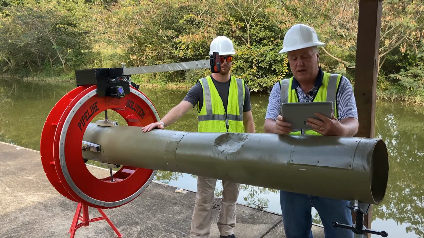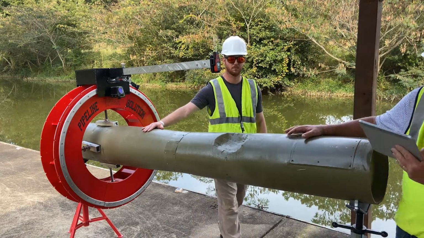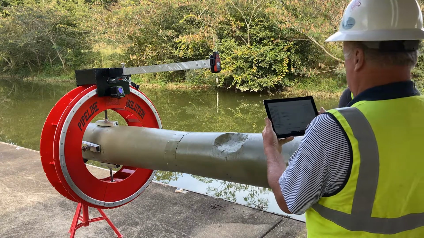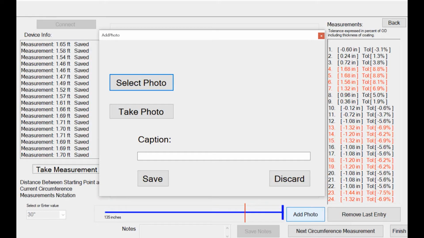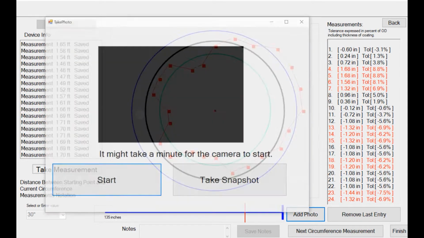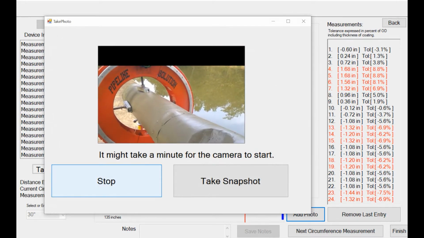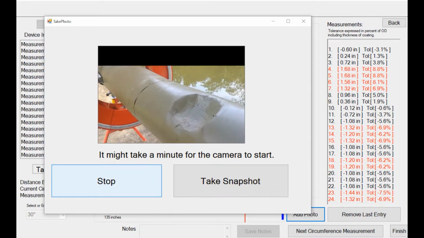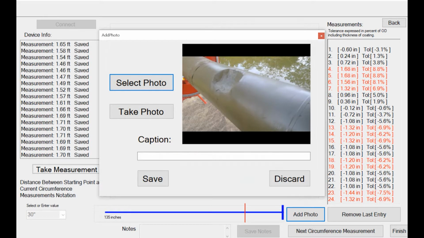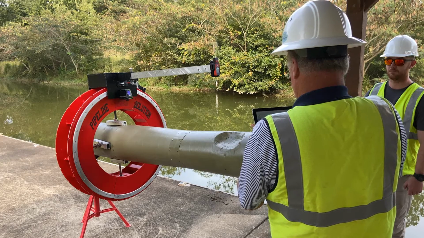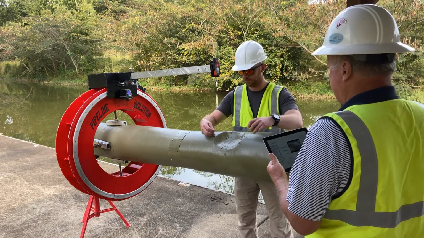So what I'm going to do is I'm going to add photos, and I'm going to step around here, and Keith, I'm going to take one without the measuring tape on it, and let me focus in. Okay, Keith, if you'll do the tapes, the length of the anomaly.